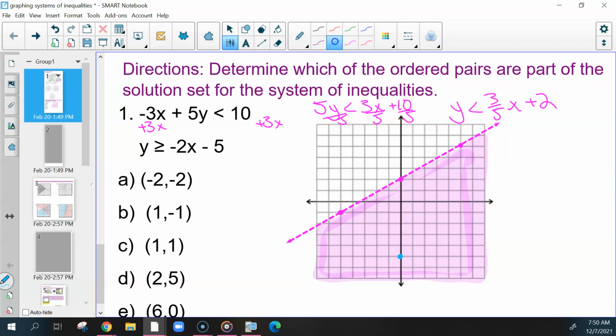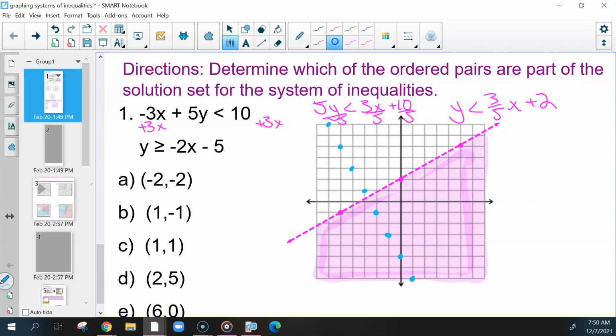Slope of -2. We're going to go up 2 to the left one as many times as possible, and down 2 to the right one as many times as possible.